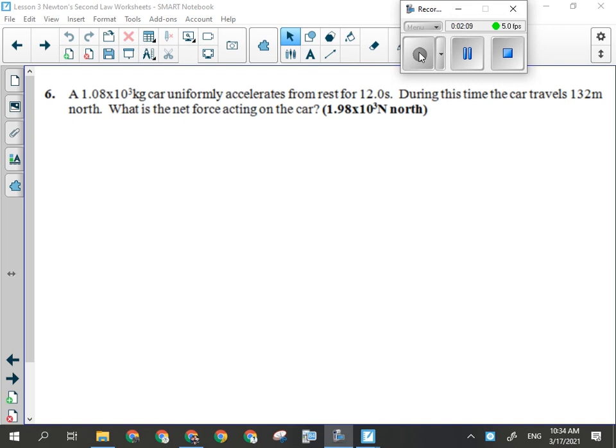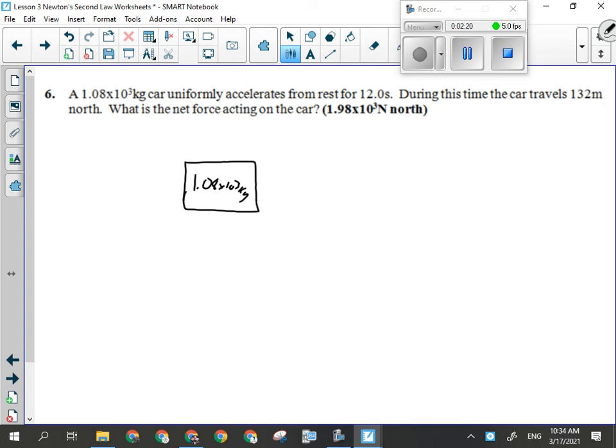Okay, so in number 6, what we have is the mass of the car. It's 1.08 times 10 to the 3 kilograms, so 1,080 kilograms. It accelerates from rest for 12 seconds. During this time, the car travels 132 meters north.